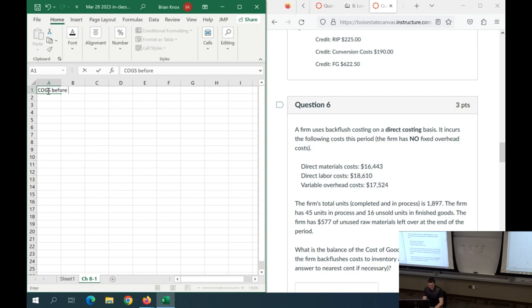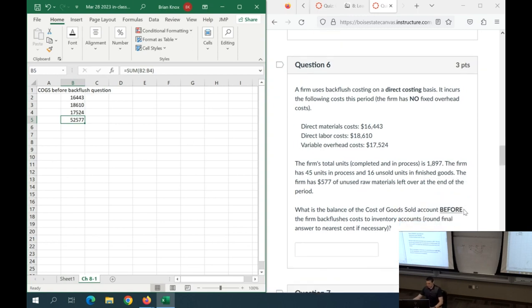So this is the COGS before backflush question. I'm just going to type in these and sum them, and that should be our answer. Yes, we will, that's the next step. Make sure I copied them over. All right, good.